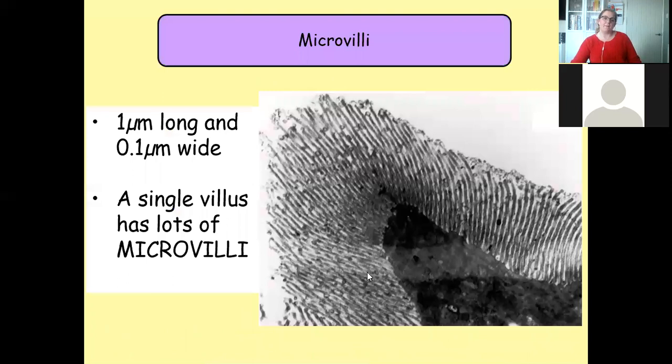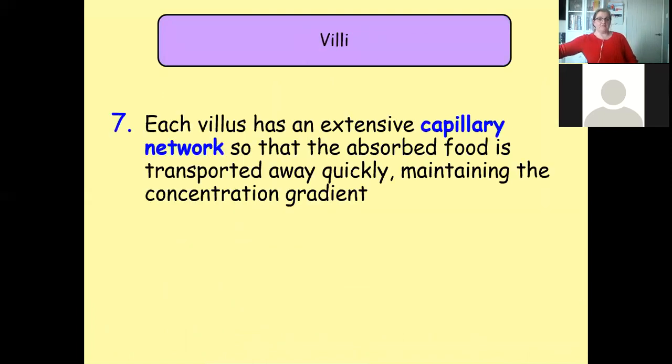Microvilli are 1 micrometer long and 0.1 micrometer wide, and a single villus has lots of microvilli on it. Each villus has an extensive capillary network that we just spoke about. Why do we want that? That's so that our food can be absorbed and transported away quickly, so that we maintain a large concentration gradient.